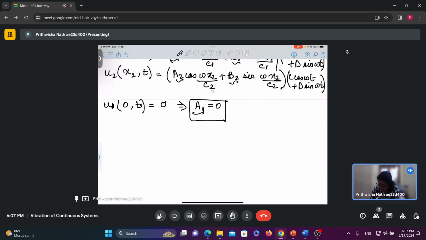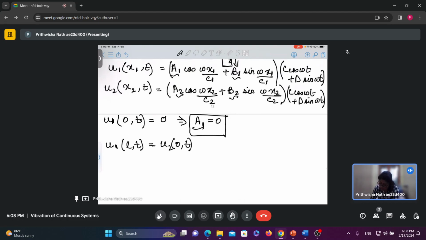Now again we have another condition that u1(L, t) is equal to u2(0, t). Now if I substitute L, t in the first equation, we know that a1 is already 0. So the first equation becomes b1 sin(omega L1 / c1).